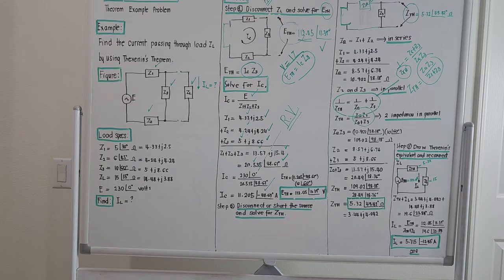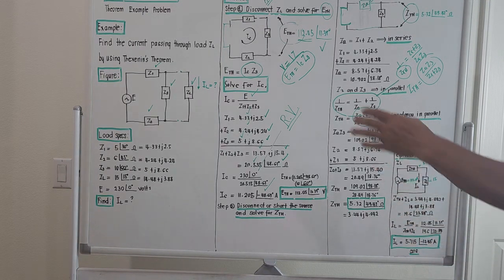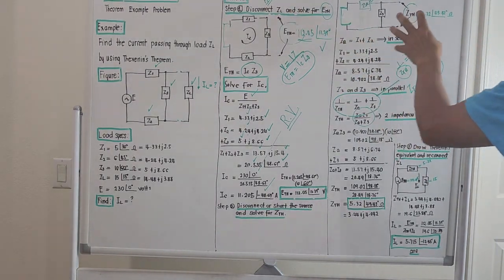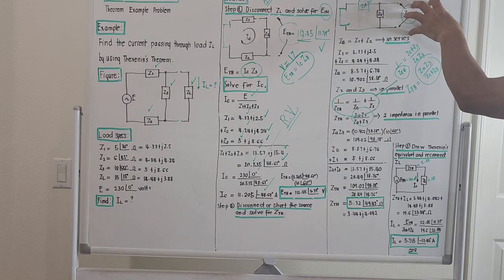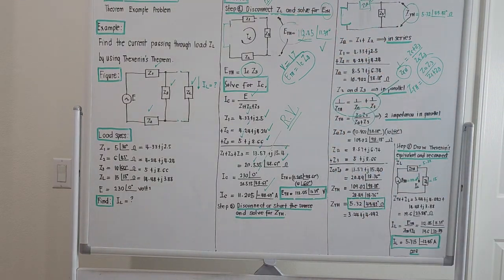Then the last part of the solution, it's only 3 steps. Solve for the Thevenin's open circuit voltage, solve for the open circuit impedance, then step number 3, draw the Thevenin's equivalent.